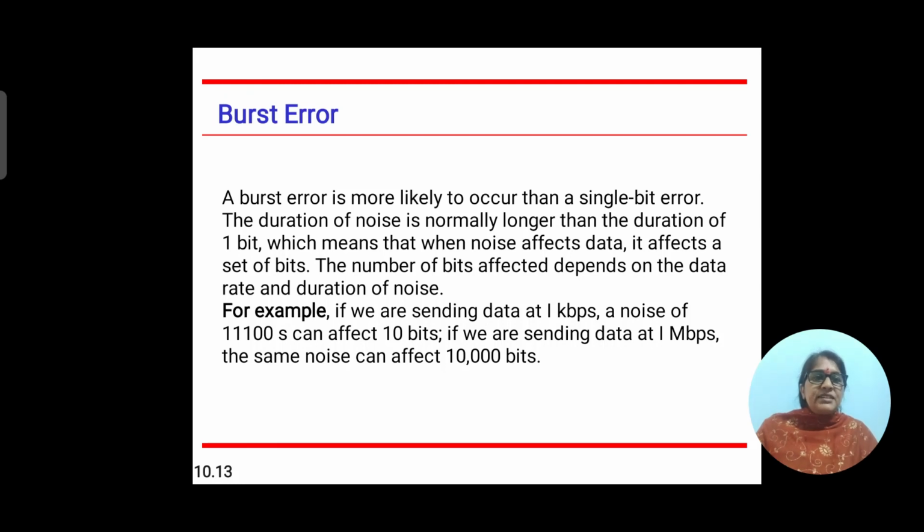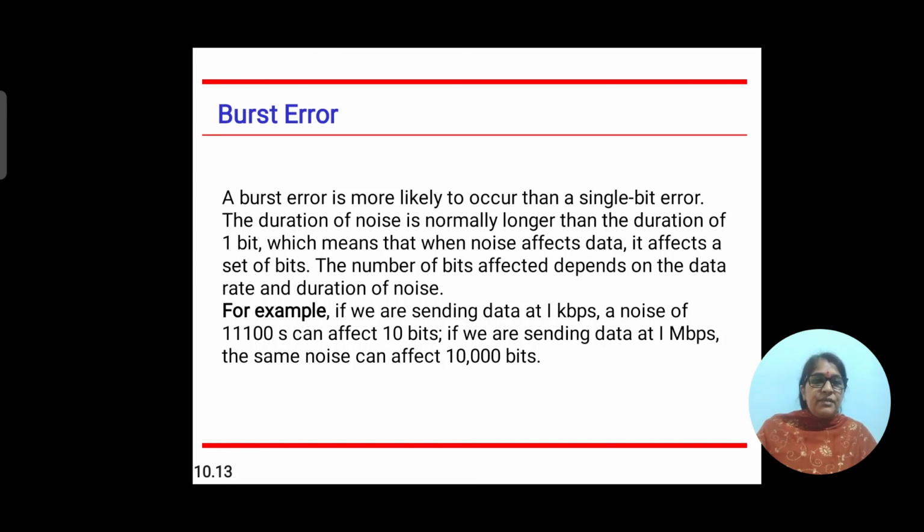A burst error is more likely to occur than a single-bit error. The duration of noise is normally longer than the duration of one bit, which means that when noise affects data, it affects a set of bits. The number of bits affected depends on the data rate and duration of noise.